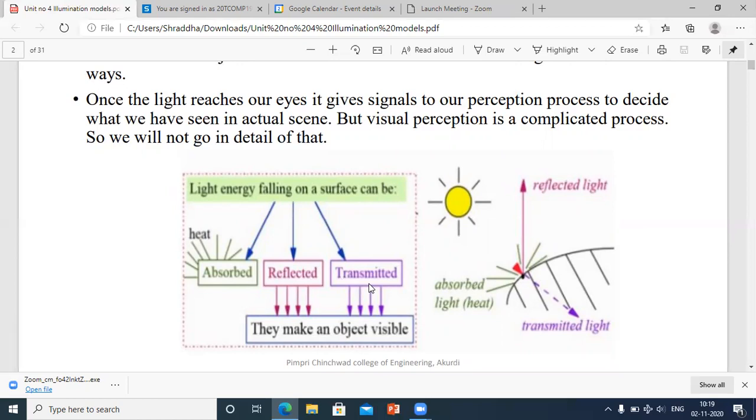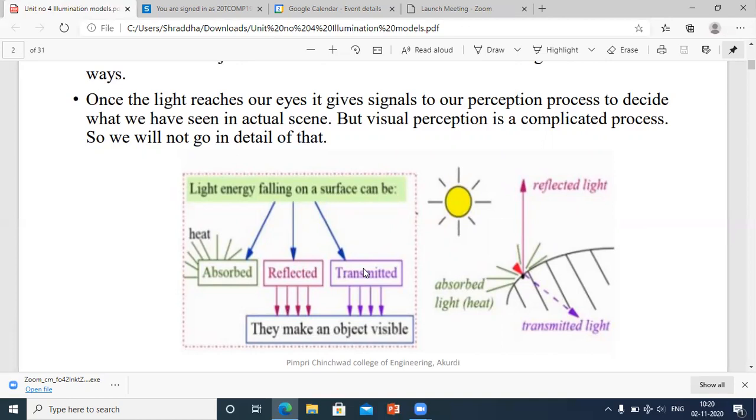That makes an object visible. These are the three different terminations related to a surface, or we can say they describe the characteristic of a surface. If light falls on a surface, it can either be absorbed, reflected, or transmitted. This is how a surface interacts with the light falling on it.